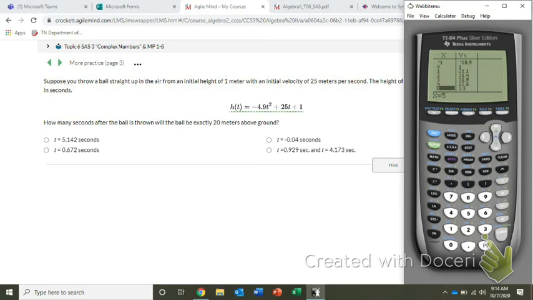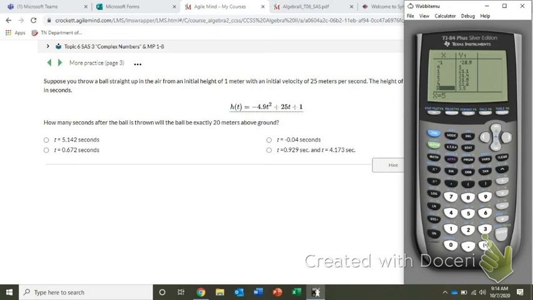So it looks like it might be between 0 and 1. So which of your answer choices is between 0 and 1? Is 5.142 between 0 and 1? No. So we don't think we need that.